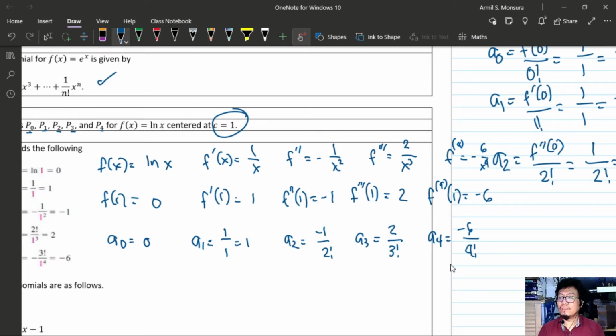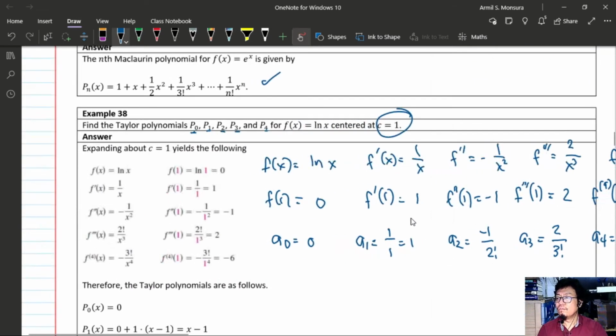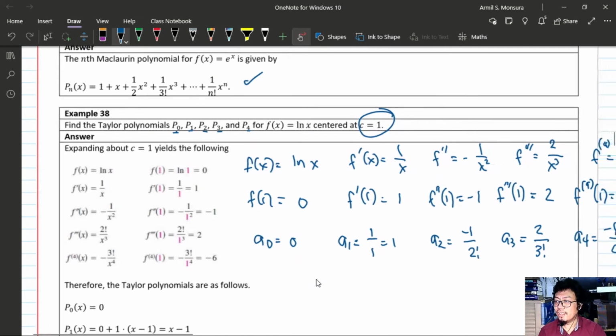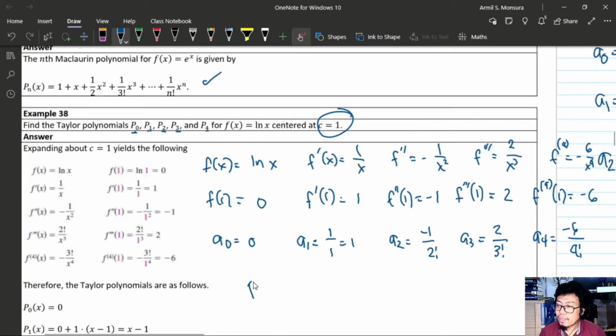Now, our Taylor polynomial then becomes, this is how we write it now. P4 of x is A0 plus A1 multiplied to x minus 1. This is 1 because that's our center. That's x minus c.